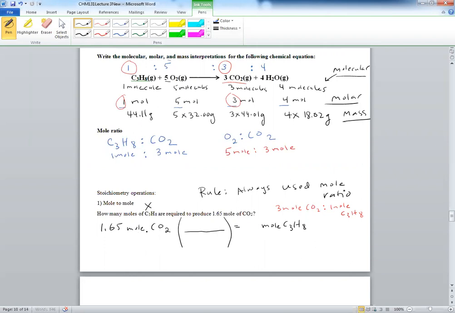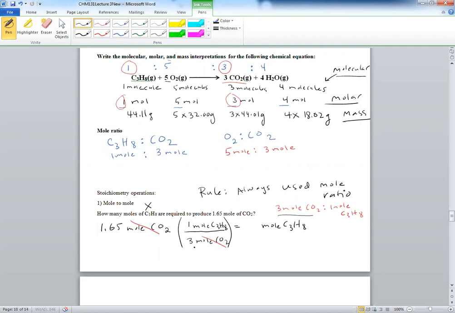So how do I know what goes in the denominator? Dimensional analysis once again. Moles of CO2 goes on the bottom. So you have 3 moles of CO2, and of course, they cancel out. What goes in the numerator is the mole of C3H8. So that's 1 mole of C3H8.